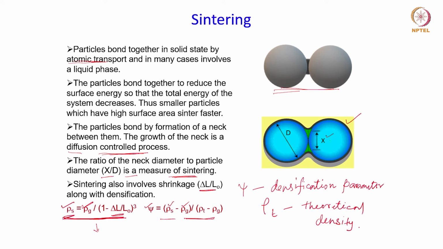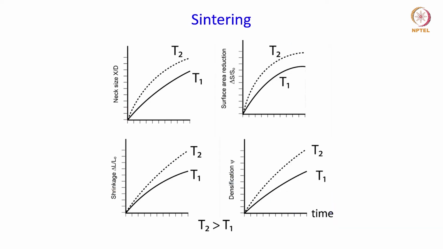So densification is all about elimination of the pores, and the final density, the neck size, surface area and shrinkage, these are all related to the measures of the pore elimination process which takes place during sintering. And as I said, sintering is a high temperature process.